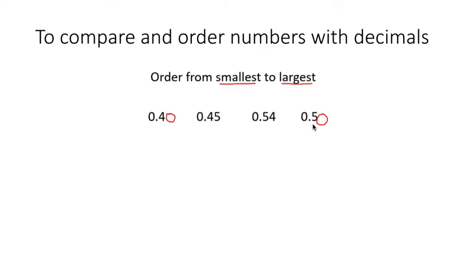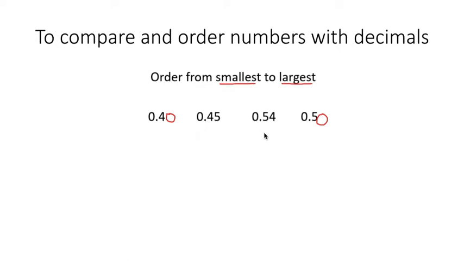Well, if it's 5 in the tenths, it's going to be bigger than these 4s in the tenths. So one of these is the smallest. Which one? 4 tenths and 0 hundredths, 4 tenths and 5 hundredths. I know that if it's got 0 hundredths, it's going to be smaller than if it's got 5 hundredths there. So it's going to be 0.40, then 0.45.